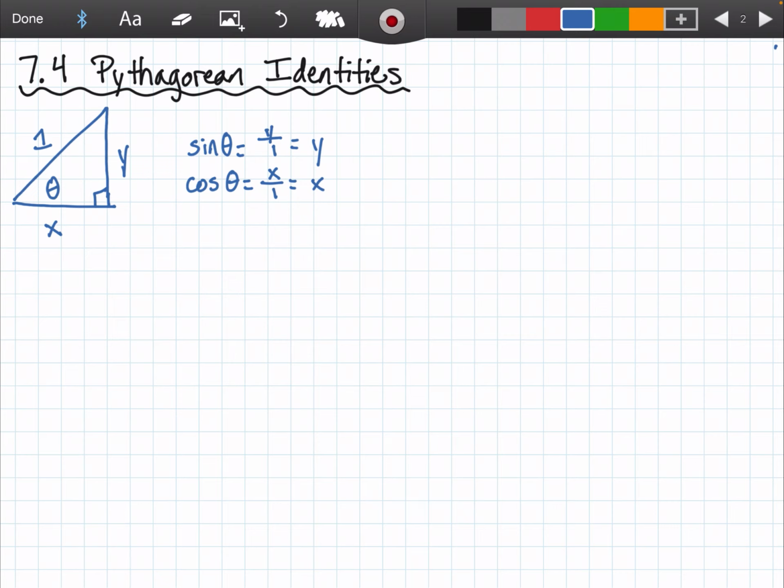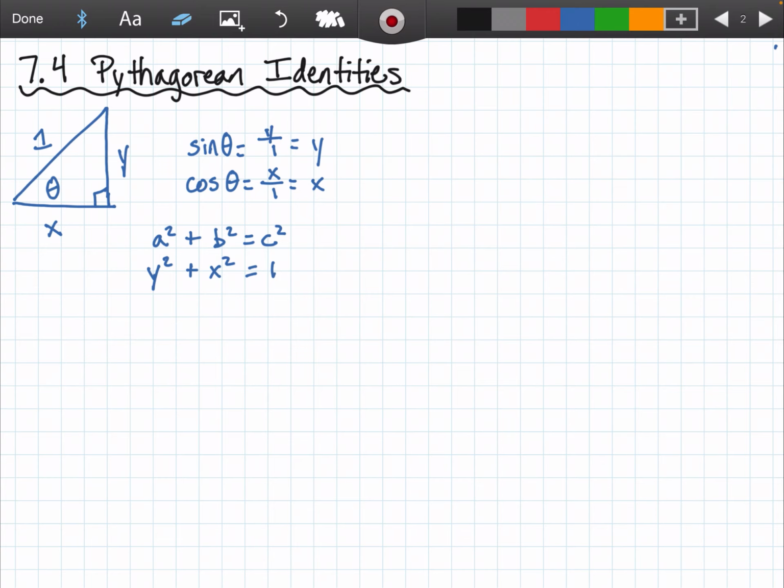Now let's throw in some Pythagorean theorem. Pythagorean theorem, we know, is a squared plus b squared equals c squared. So I can substitute those in and I get y squared plus x squared equals 1. But what I just learned about y and x is that those are sine and cosine.